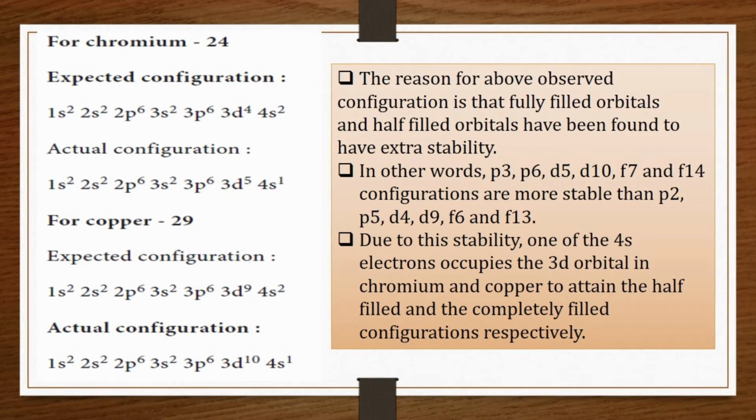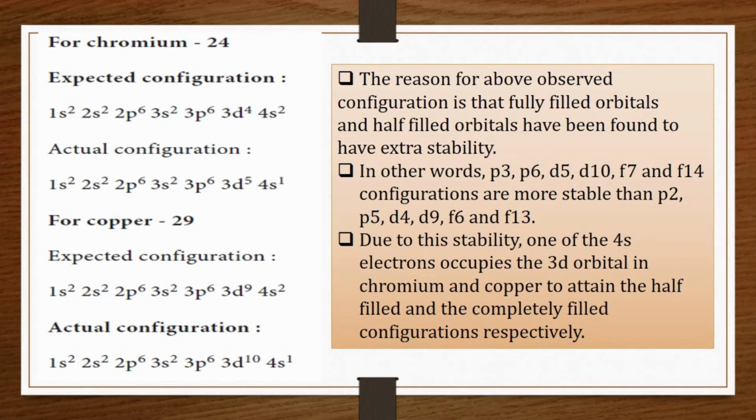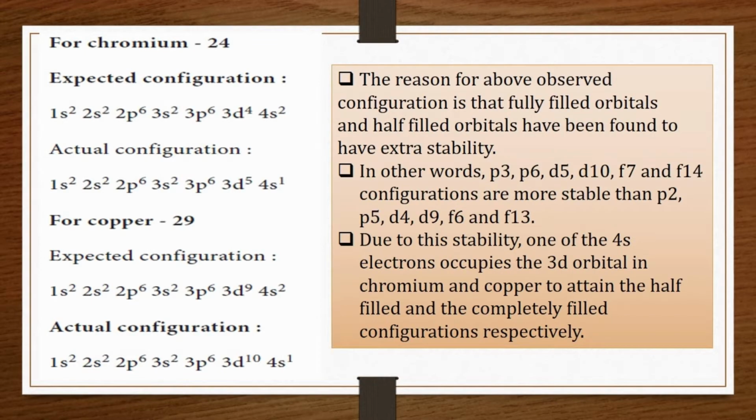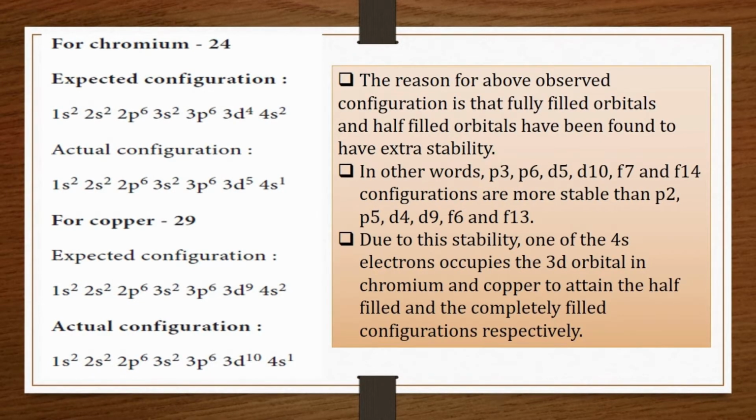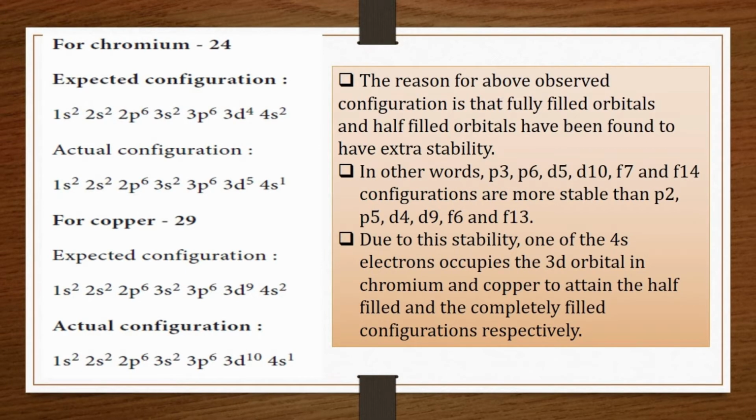Before knowing the correct configuration for chromium and copper, we must know the reason for them to exhibit a different configuration. That is, half-filled and fully filled orbitals have greater stability than other configurations.